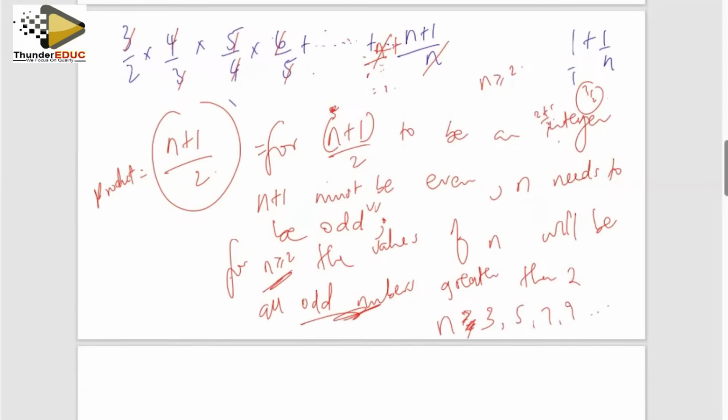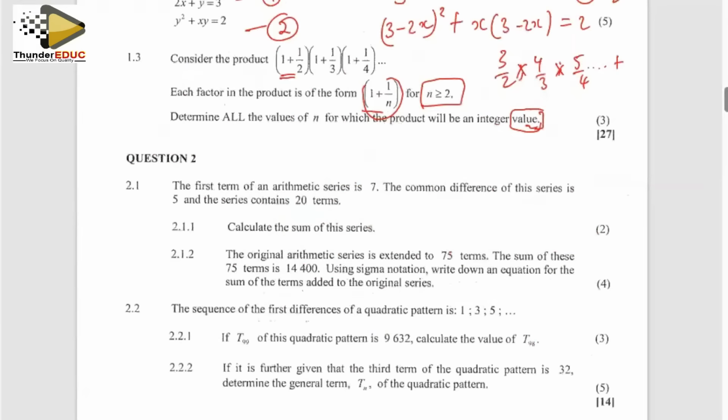Okay, all the odd numbers that are greater or equal to 3. So if you put a 3, you're going to get a whole number. If you put a 5, you're going to get a whole number and so on. So we cannot go into the negatives because our n must always be greater or equal to 2. All right, so that is how 1.3 would have been approached.